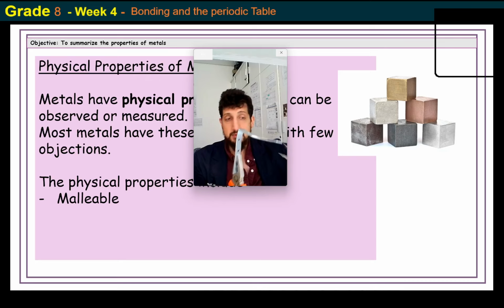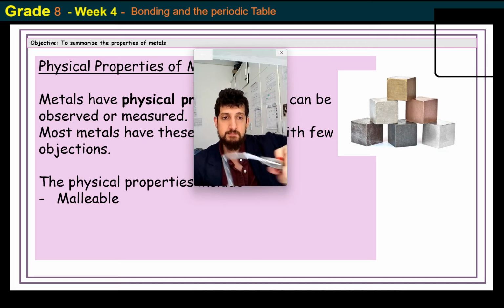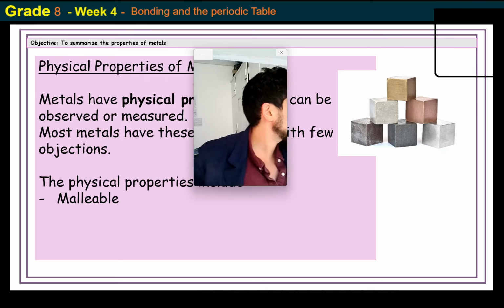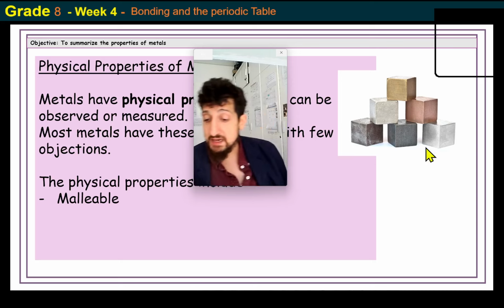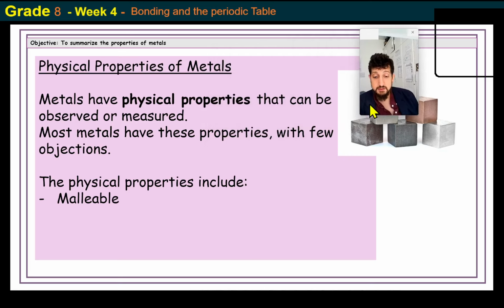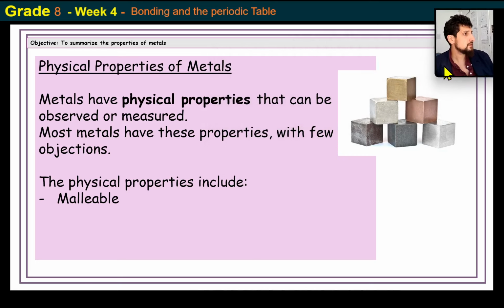That's cool. How can I do that? Well, it's a metal. Metals are malleable. That's what we mean by malleable. Let me put my face back in the corner. Yeah, good enough.